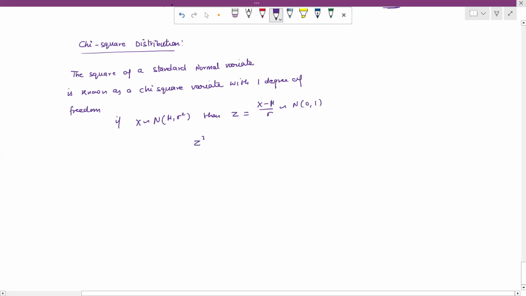So now we can write Z square, which is equal to ((X minus mu) upon sigma) whole square, is a chi-square variate with 1 degree of freedom.